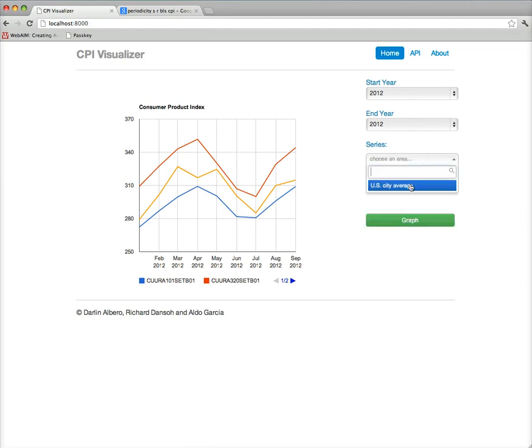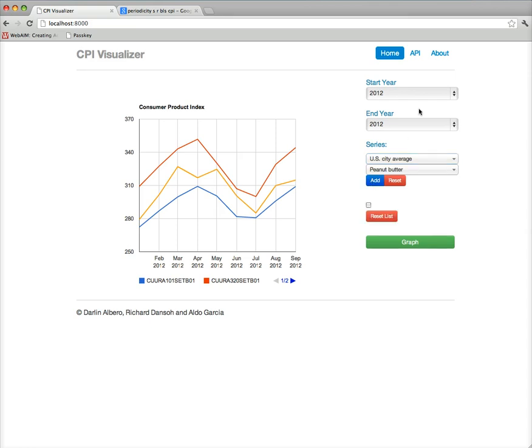Now you'll notice there's only one available region that we can select from, U.S. average. Depending on the query, you do have to filter out some of the data because, for example, they don't have CPI data for peanut butter in Miami, Florida. I guess that would be too hard to get. So we can select this series, add it.